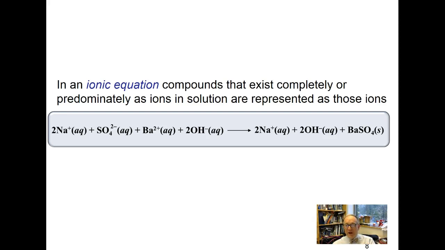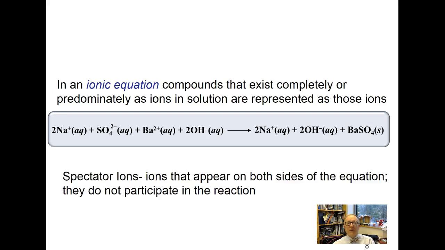So as we write the net ionic equation, we're going to leave out those ions that appear on both sides of the reaction arrow. They're spectators. They don't participate in the reaction. And so sodium ion and hydroxide ion are the spectator ions in this reaction.